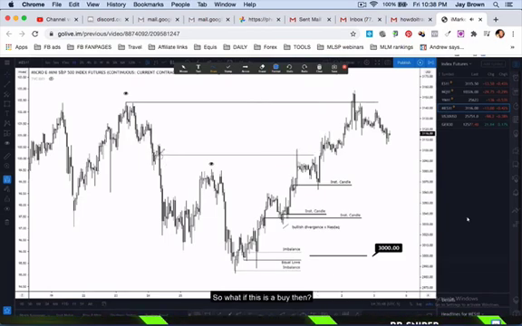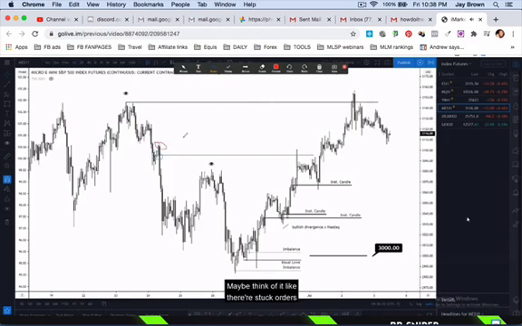So what if this is a buy? And then what if this is a sell? And the sell goes down, and so that buy is in drawdown. And then notice every single spot where John has labeled institutional candles. So this might help you guys view it as which ones are and which ones aren't.